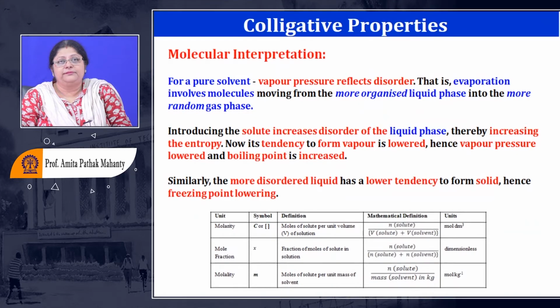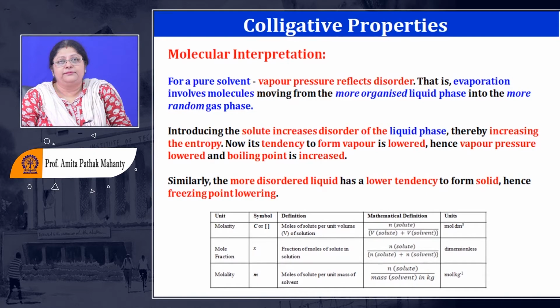Now, introducing this solute increases the disorder of the liquid phase. Previously we had the liquid in a more organized state. When we introduce the solute into the system, we are increasing the disorder in the liquid phase. So this increases the entropy.